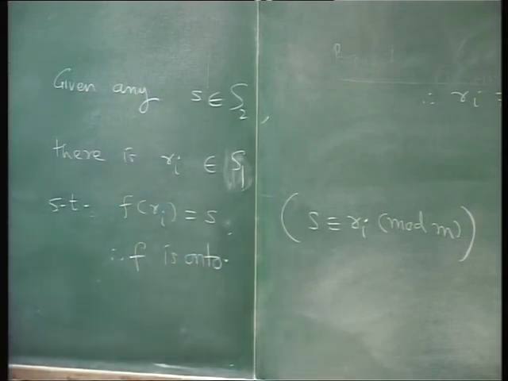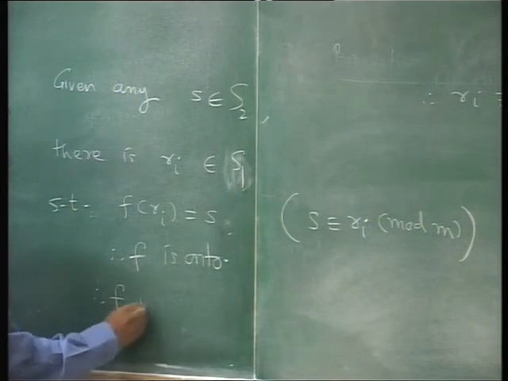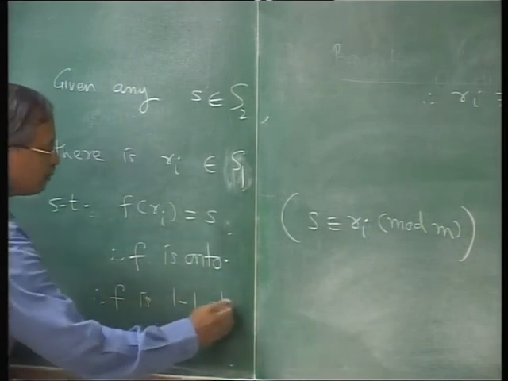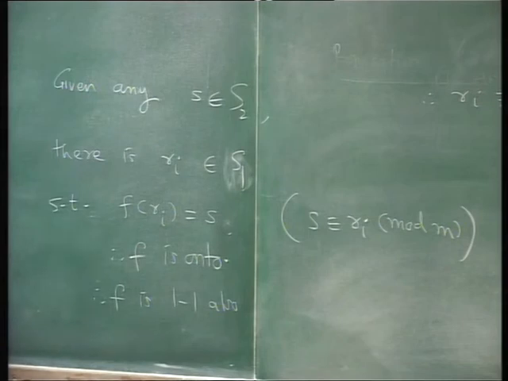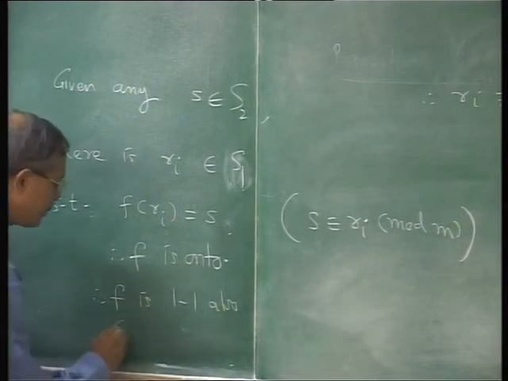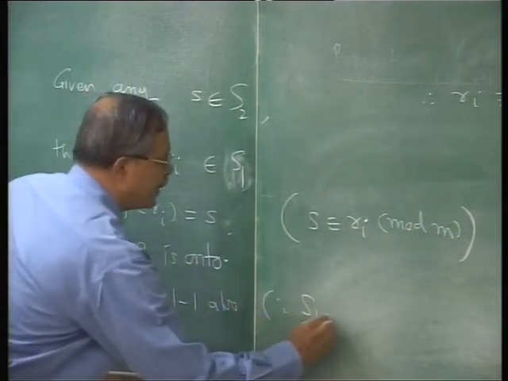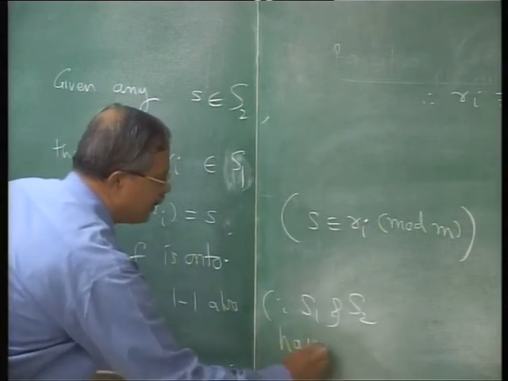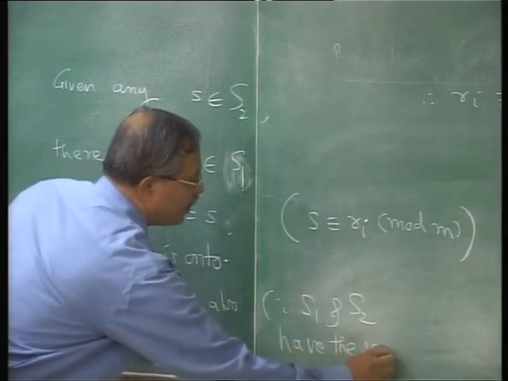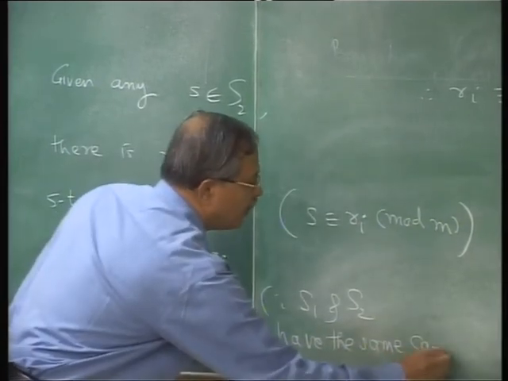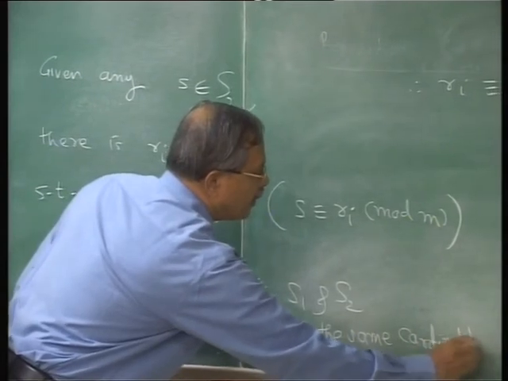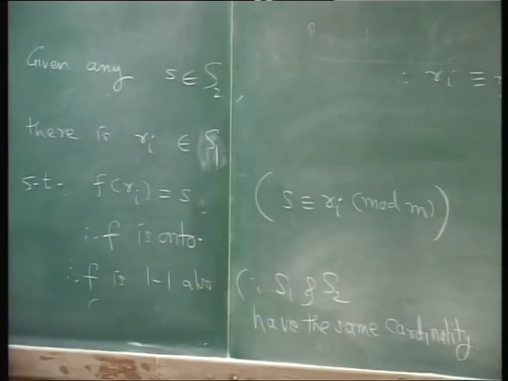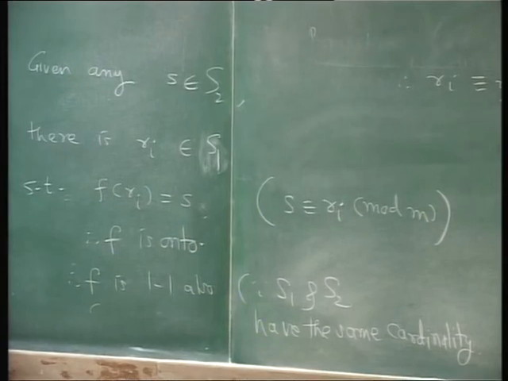And once f is onto, therefore f is 1, 1 also, because these two sets are of the same cardinality. Since S1 and S2 have the same cardinality, this map is 1, 1 also.